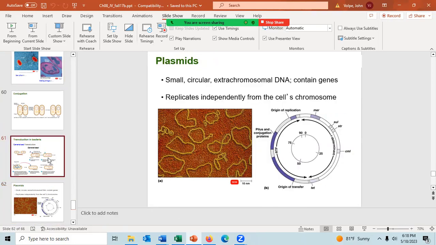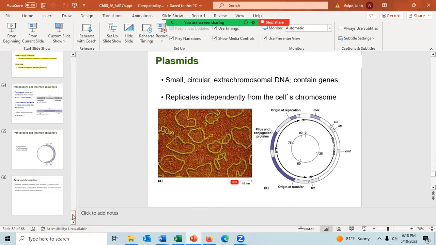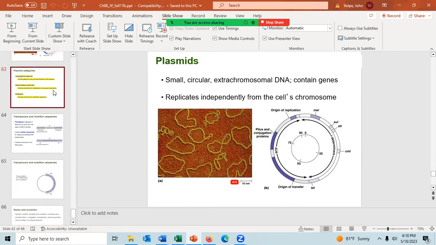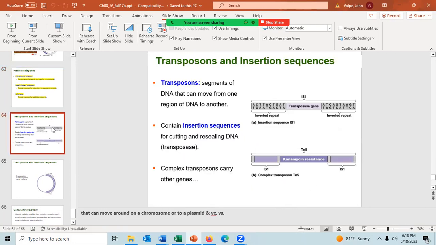And I guess what's important is that things can move around, and this we're calling a transposon. It's a piece of DNA that moves from one region of the DNA to another region of the DNA.